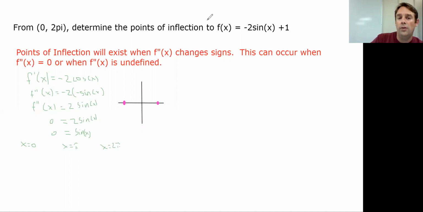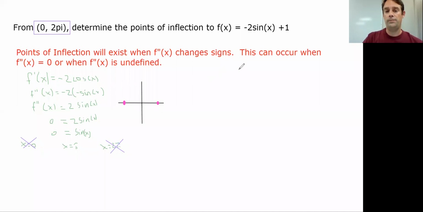But one big thing to remember for this, friends, is I'm not including 0 or 2 pi. I'm only including what's between 0 and 2 pi. That means I get to toss out this one and that one. They will be gone. They don't fall in my domain. I only got one number I got to check.